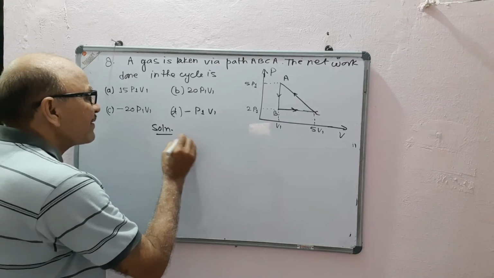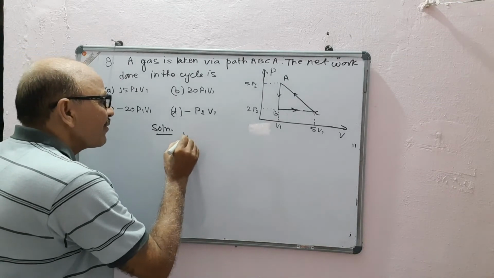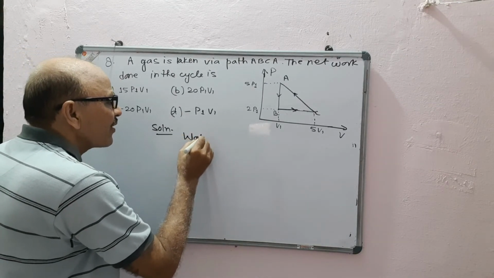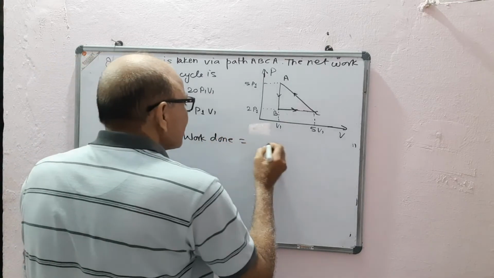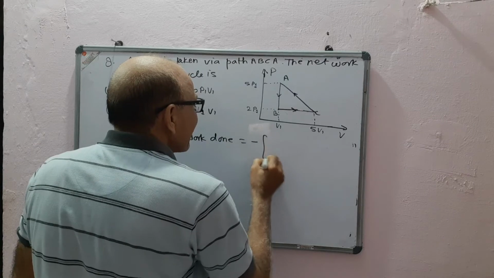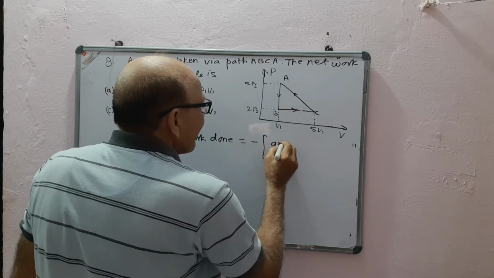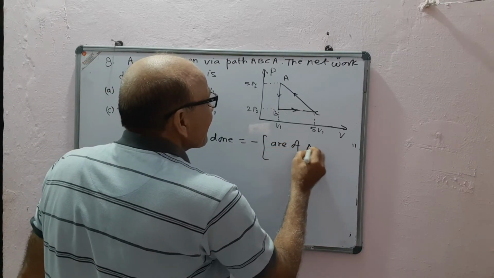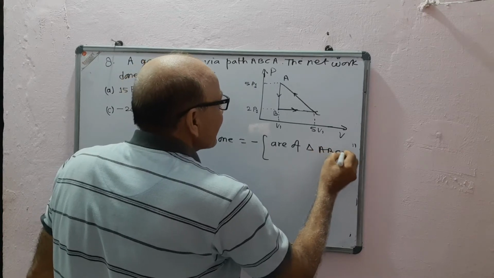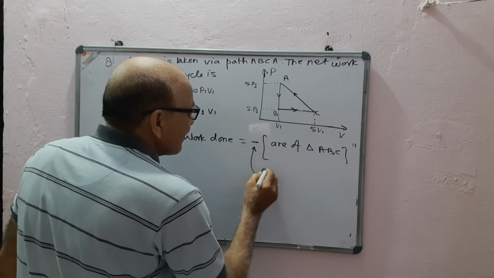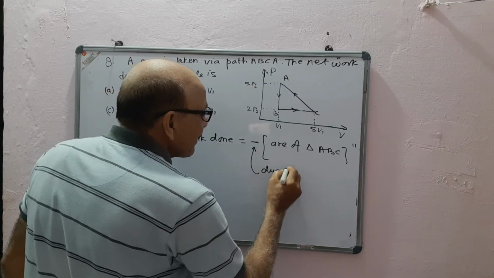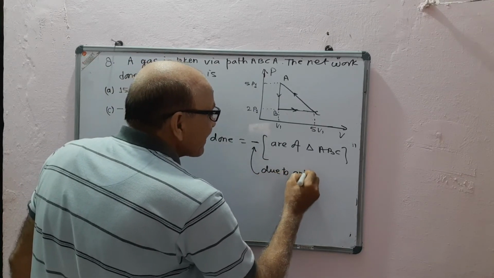So work done will be equal to the negative sign, area of triangle ABC. This negative sign is due to anti-clockwise.